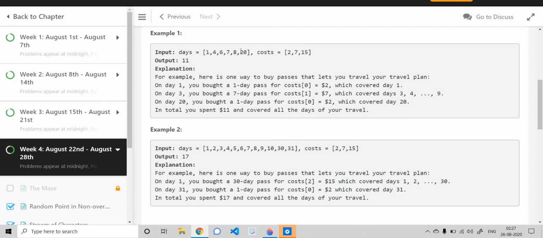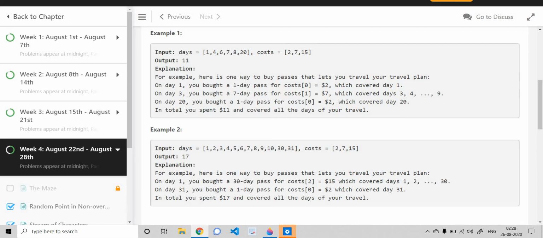Now keep in mind one thing which we need to focus on right here. Suppose we just want to travel for 1 day. It does not mean that we should buy the 1-day pass only, because there might be a few test cases in which the money for the 7-day pass would be less than the money needed for the 1-day pass. I know it is not logical, but as it's a coding problem, we should cover all those cases.